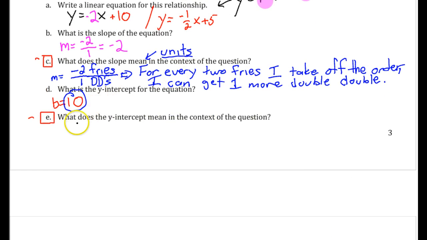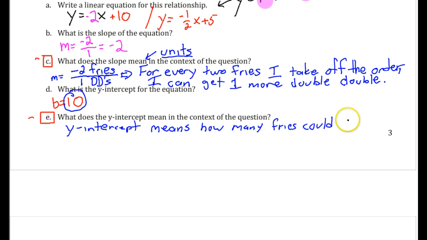Okay? So what does y-intercept mean? You can start off with y-intercept means how many fries could I get? And I'm basically paraphrasing number 2.